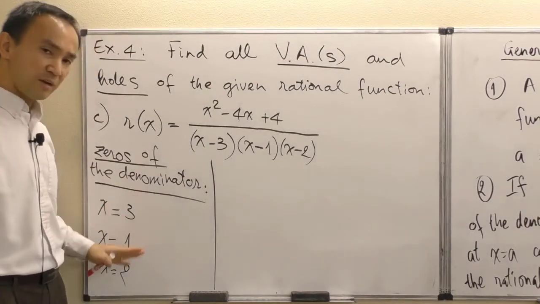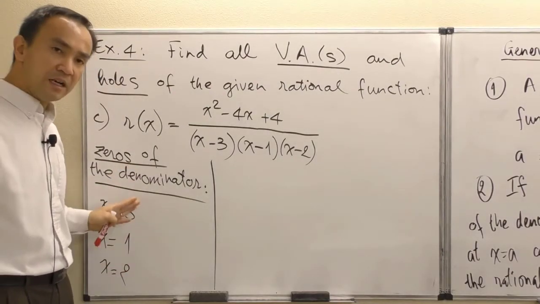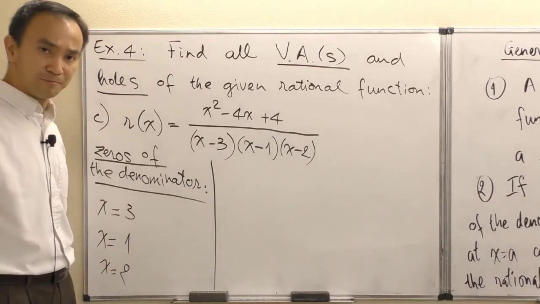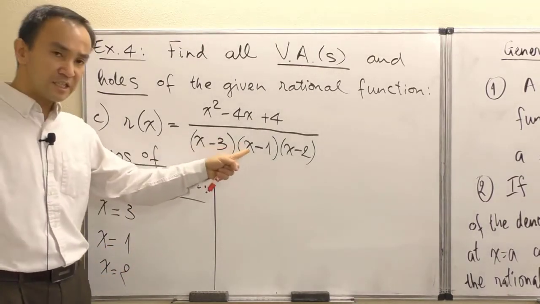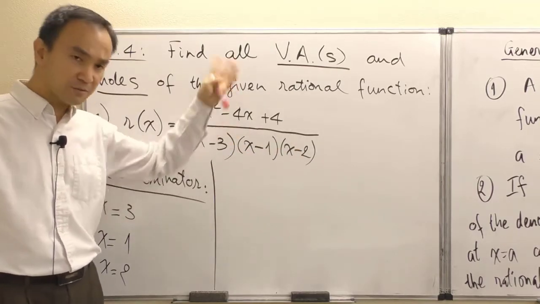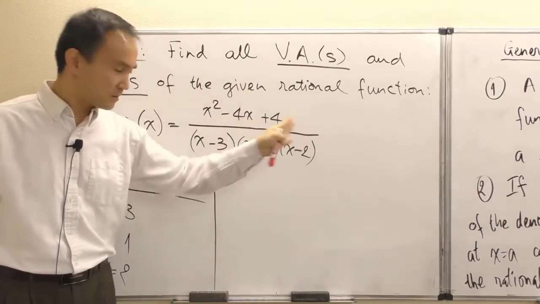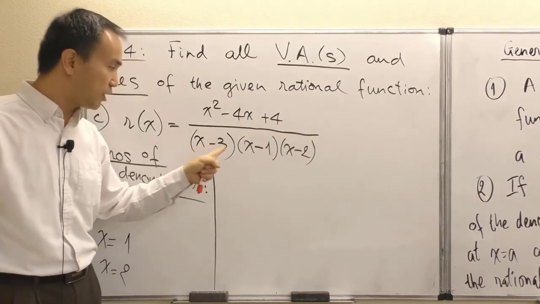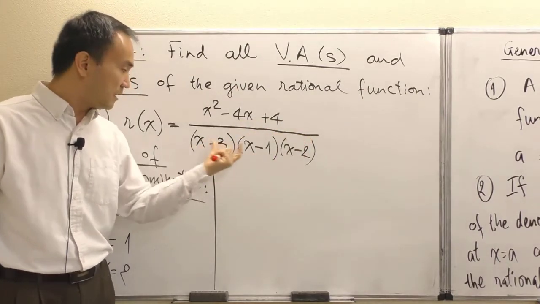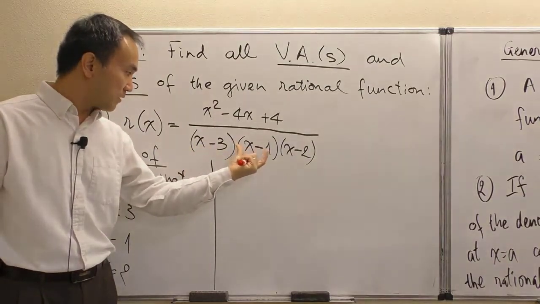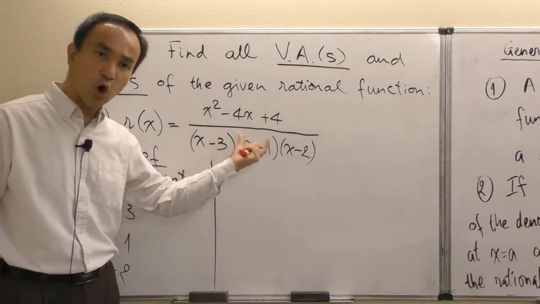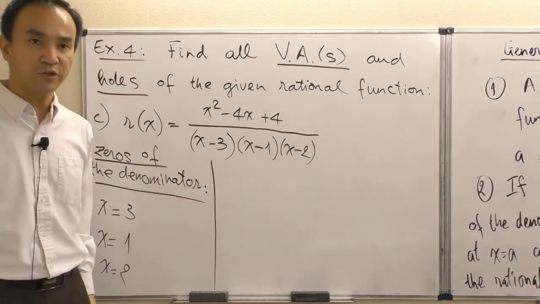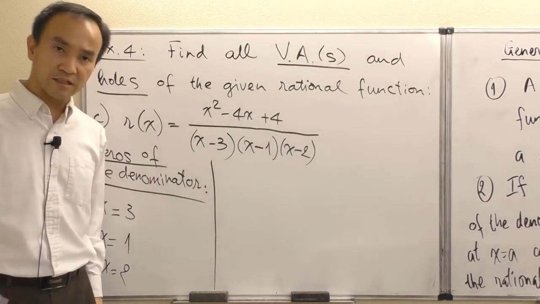Once we have finished listing all of the zeros in our denominator, and this is all they are, these are the distinct linear factors. In some other problem there may be multiplicities here, but in the end we only need to find our zeros from these distinct linear factors, and we can disregard their multiplicity.